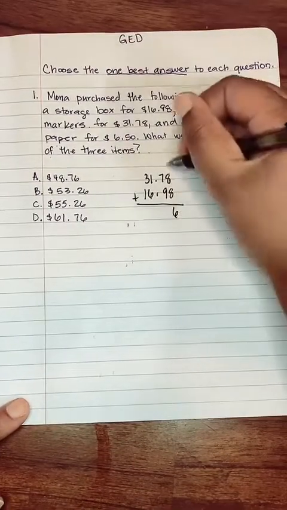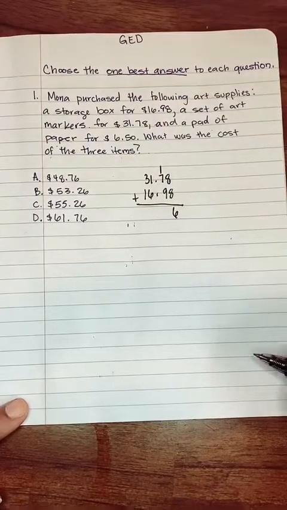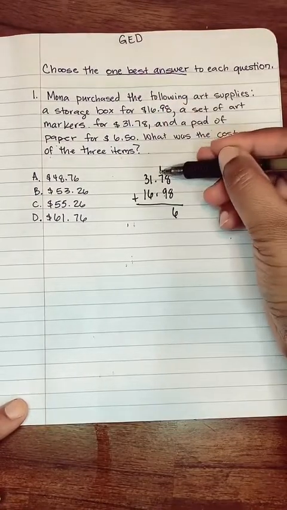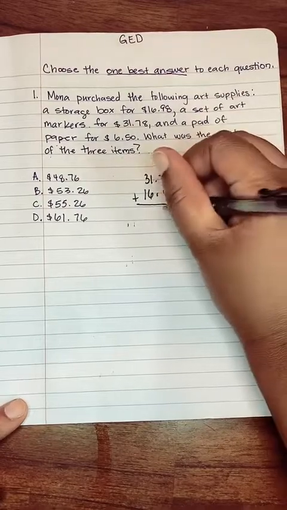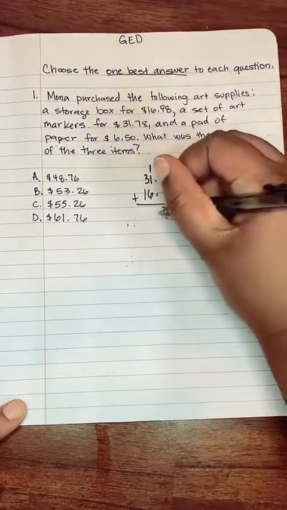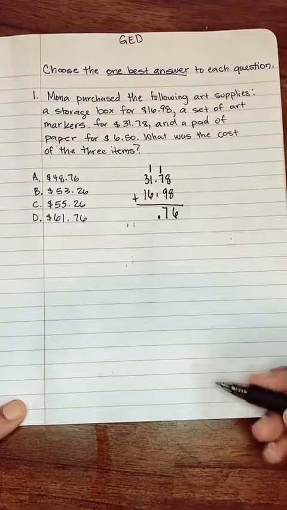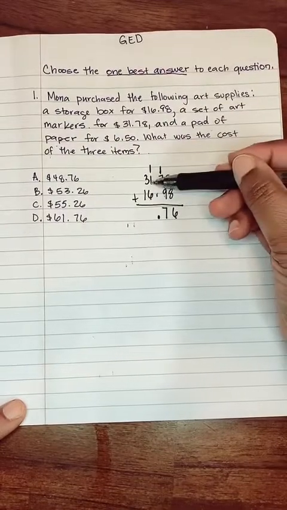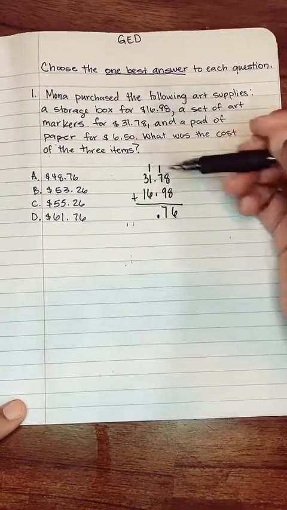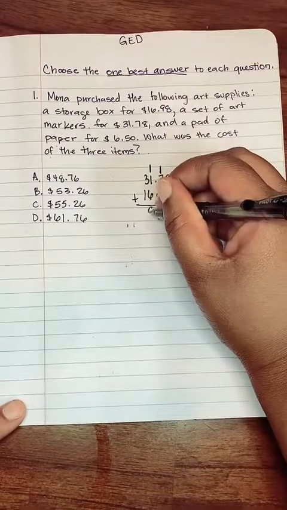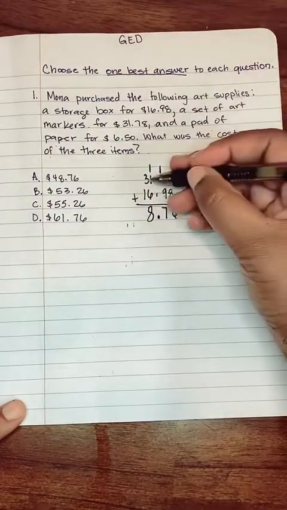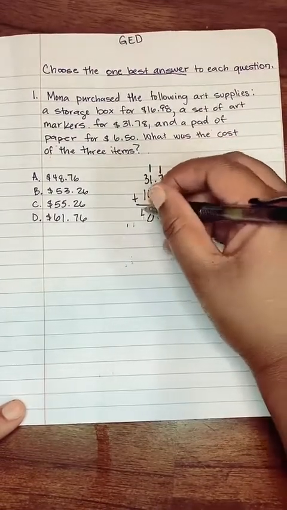I'm going to carry the 1. Bring down your decimal. Then 6 plus 1 is 7, plus 1 is 8. And then 3 plus 1 is 4. So right now, we know A is out because I have to add this 6.50 still.